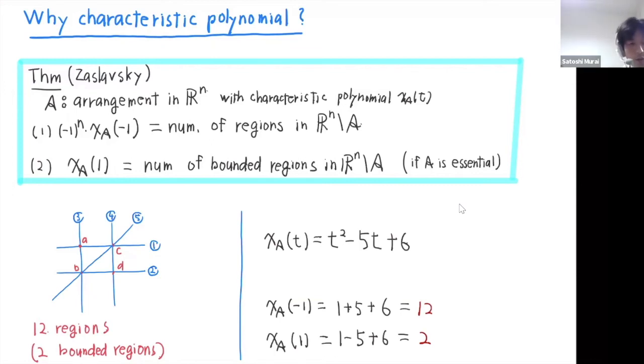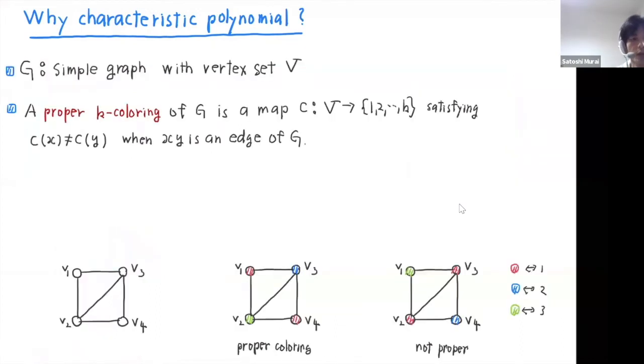And I actually want to introduce one more combinatorial result about the characteristic polynomial. The other result is about the coloring of graphs. So, okay, let's consider a simple graph. A simple graph means a graph without loops and without multiple edges.